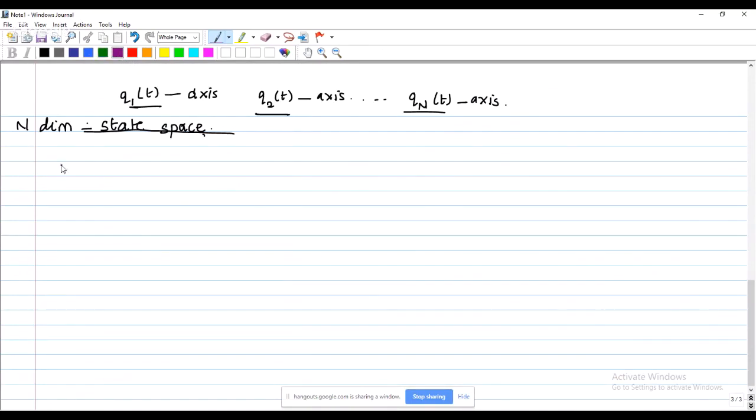We'll write it as an important question: representation of an LTI system using state space.